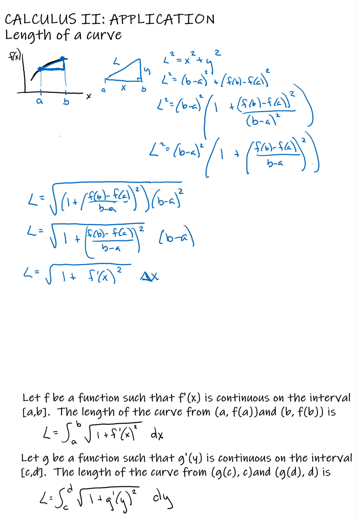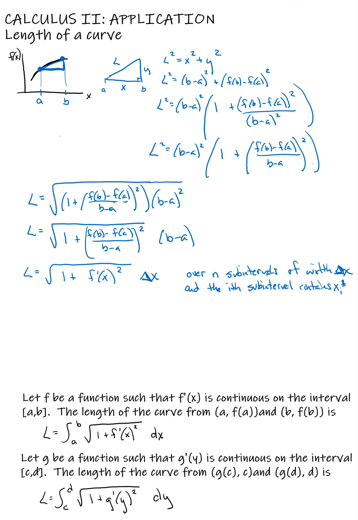Let me just make sure you understand that there's some calculus going on in here. So this is over n subintervals of width delta x, and the ith subinterval contains x sub i star.